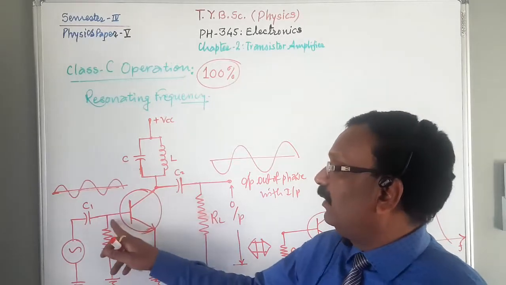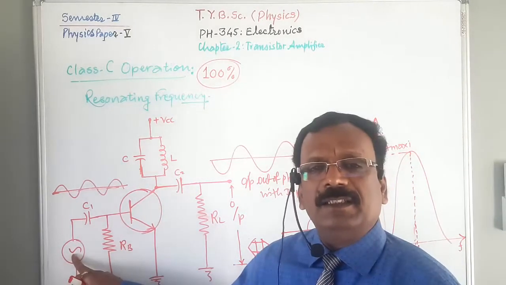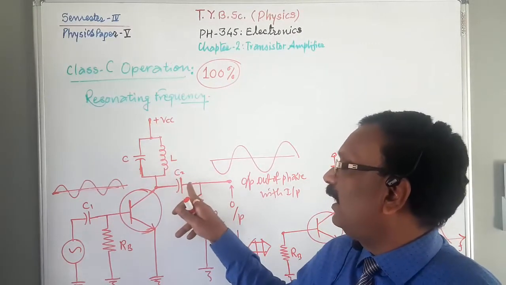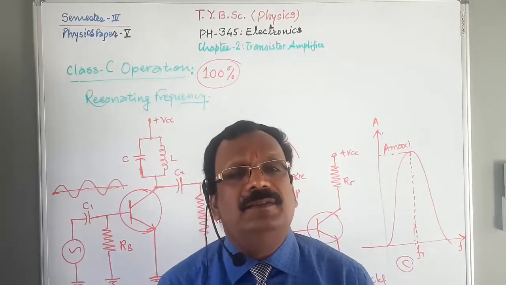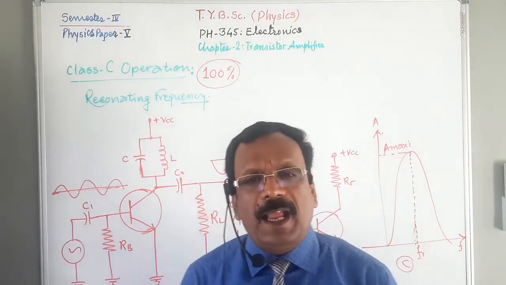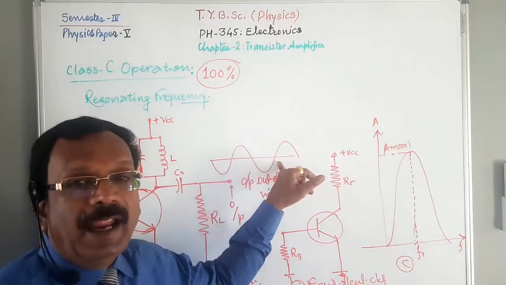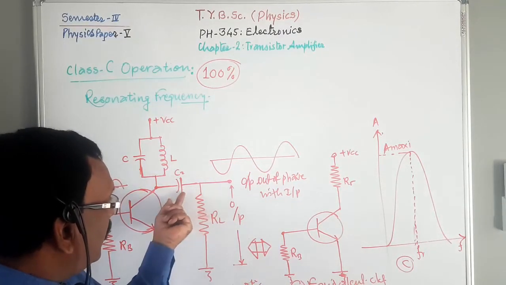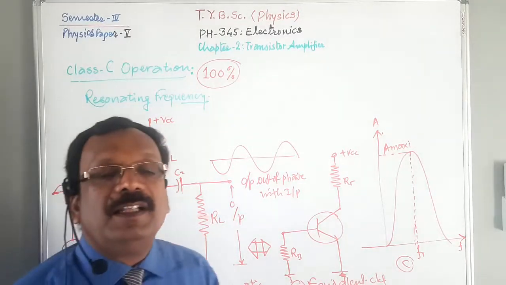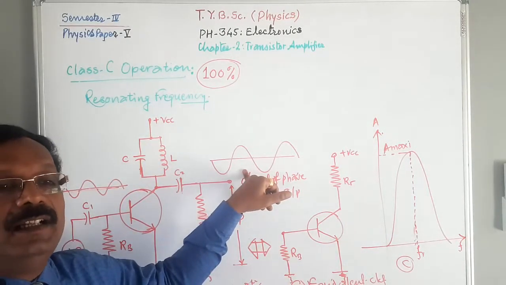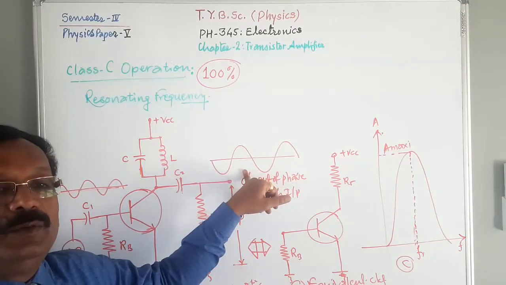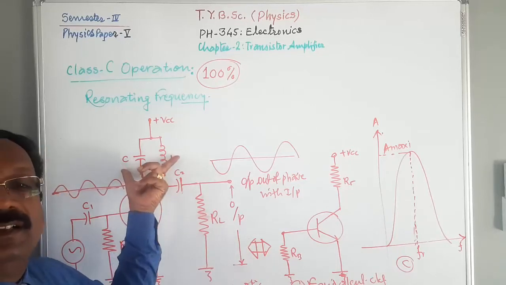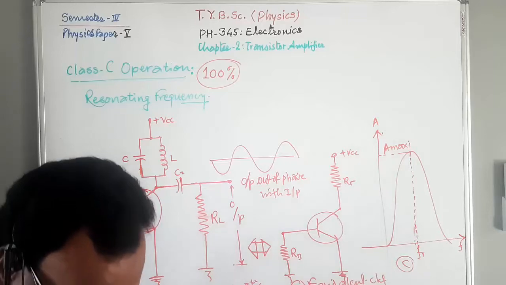The base is driven by this AC input voltage, and the output voltage appears across capacitor C. The amplified and inverted signal is then capacitively connected to the load resistance RL, due to this parallel resonance circuit.